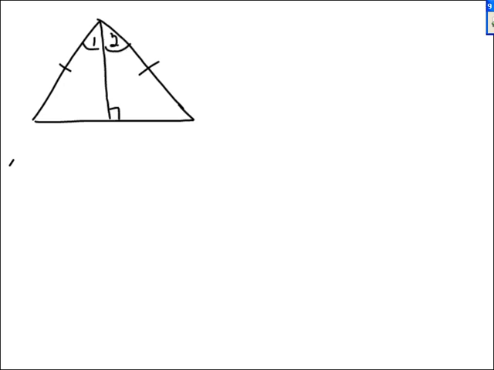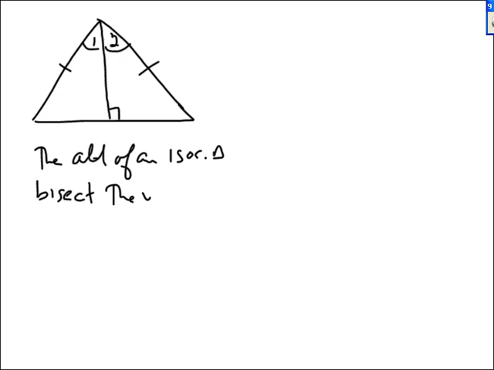Okay, so let's write this up. Let me not write it as an if-then. The altitude of an isosceles triangle bisects the vertex angle. That's the vertex up there. The altitude bisects it.